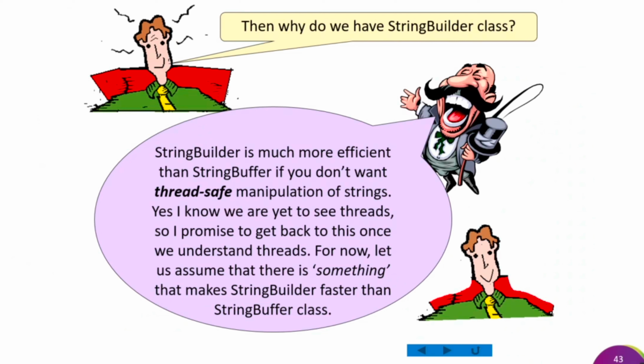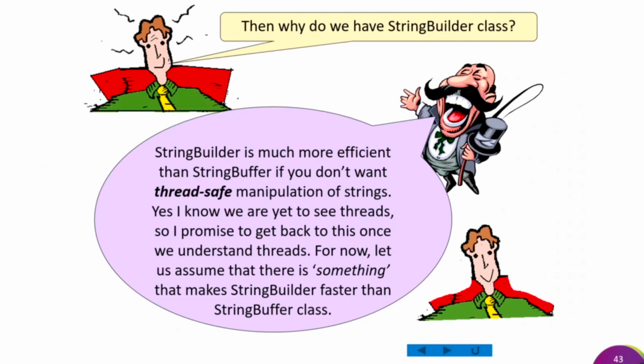So JDK 1.5 introduced the string builder class. The same methods available in string buffer are available inside string builder also, but it does not use the synchronized keyword. Thread safety is not there inside string builder, but string builder is faster than string buffer.